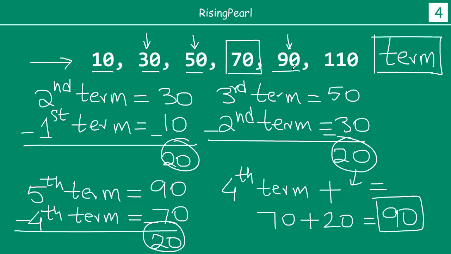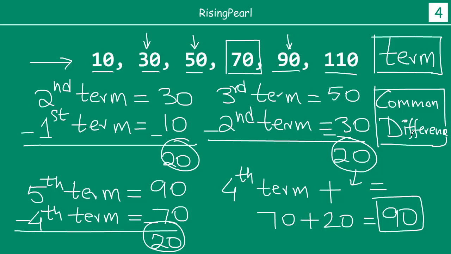If I take the fifth term, 90, and add 20, I get 110. This number 20, which is a fixed number for this series, is called the common difference. Let's write it here. It is called common difference because this number is common for the entire series.